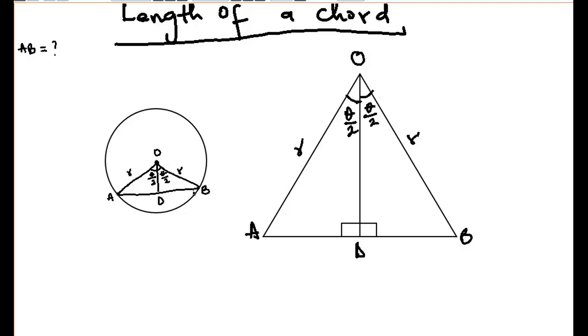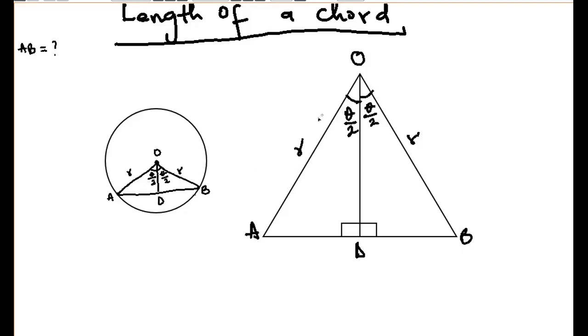I know that the triangle from there is an isosceles triangle because, as you can see, the radius OA is the same as OB. A triangle having two sides equal is known as an isosceles triangle. That was why I drew in this triangle. If you draw a line from the top to meet the base, it is bisected. So you must know it.